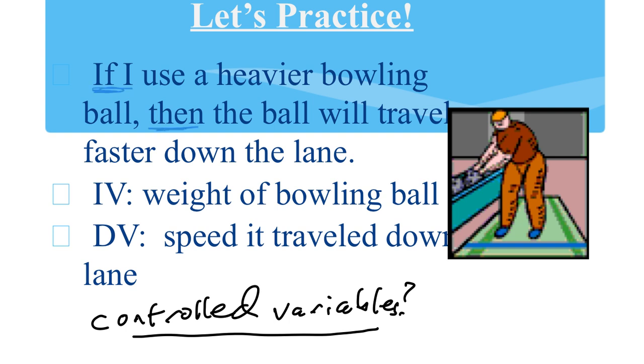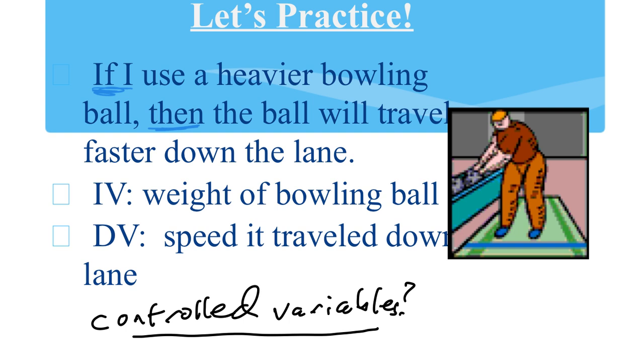If, then: if I use a heavier bowling ball, then the ball will travel faster down the lane. I don't know about that hypothesis. It's going to be hard to make it go faster down the lane. But anyway, what am I changing? Okay, what depends on what, according to this hypothesis?